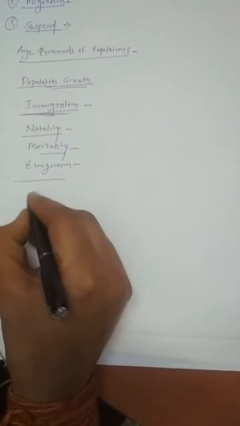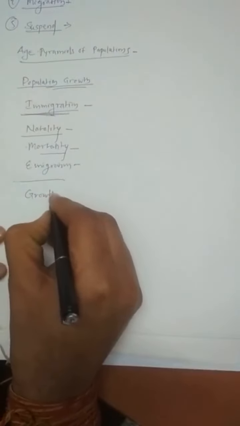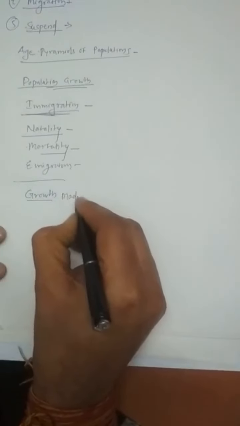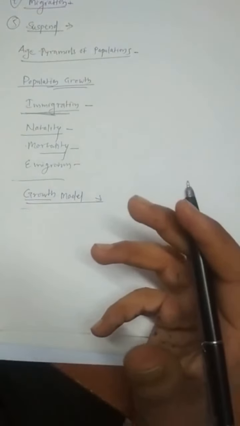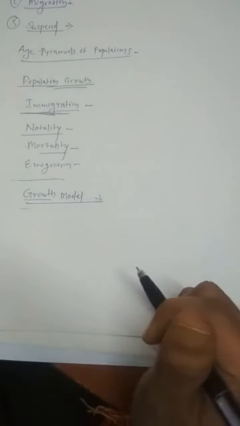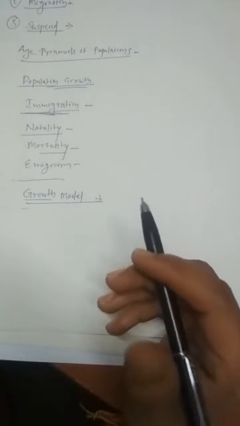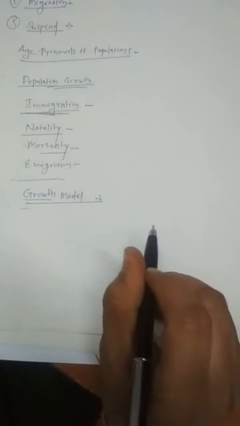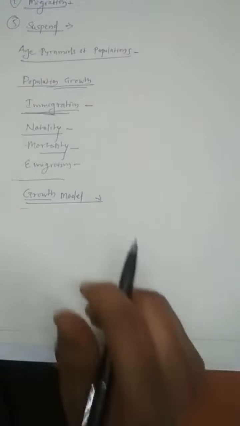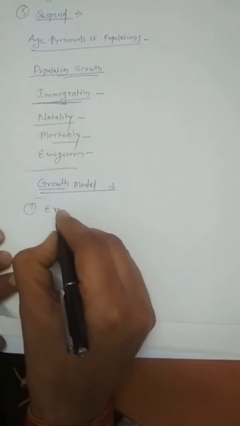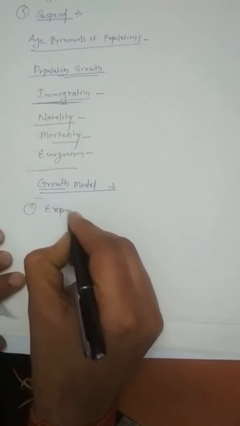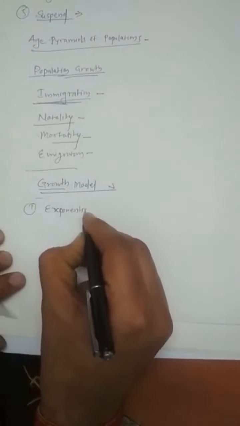Now the growth model. Growth of populations takes place according to availability of food, habitat conditions, and presence of other biotic and abiotic factors. There are two main types of models. Number one, exponential growth.